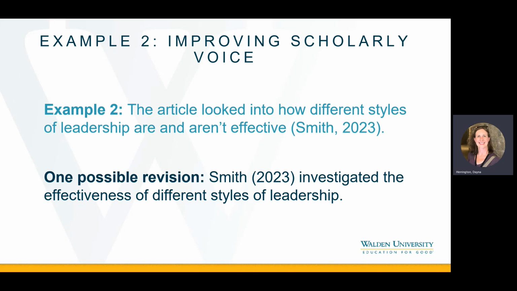In this revision, I revised to eliminate the anthropomorphism here. The article can't look into something, but a human can. In this case, it was Smith, the author, who did this, so I moved that to the beginning of the sentence for clarity so that it's clear who did what.